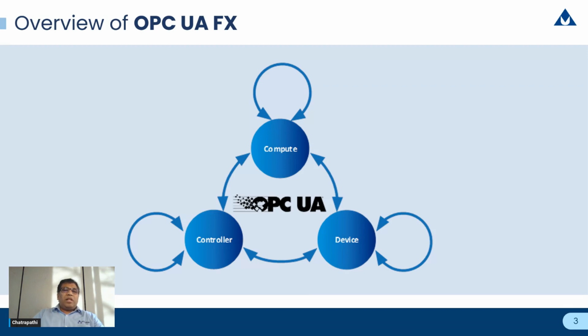There are different use cases for each of these communications. For example, for controller to compute, different dashboard applications, predictive maintenance analysis, energy optimization and monitoring, and emission prediction applications can consume data that is being received from controllers.